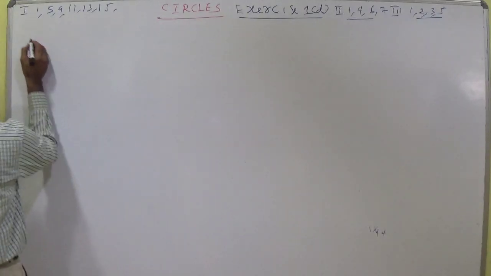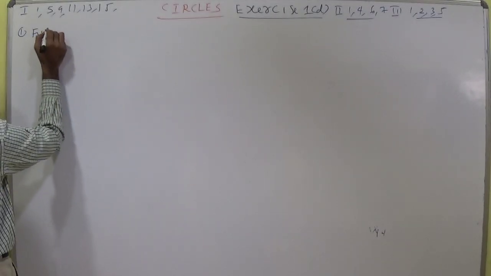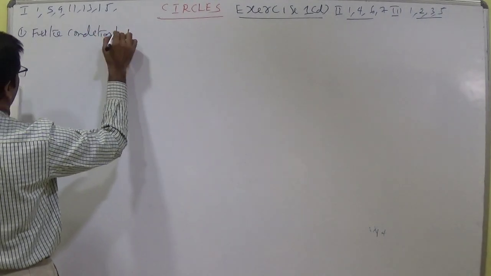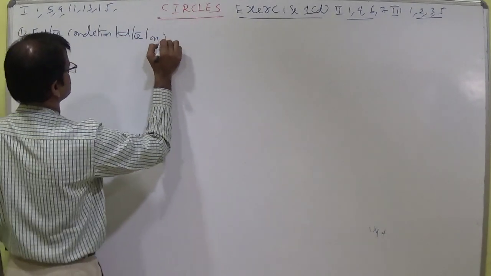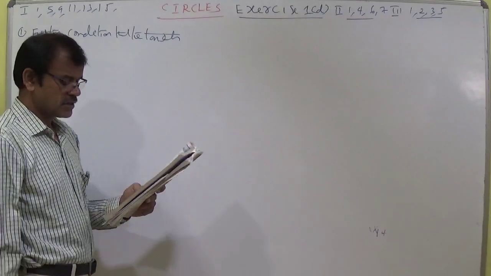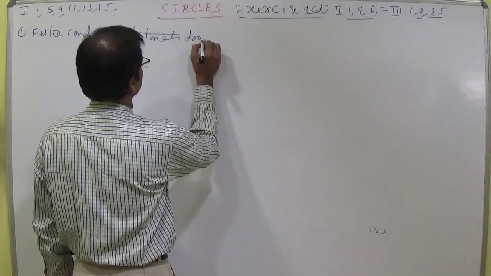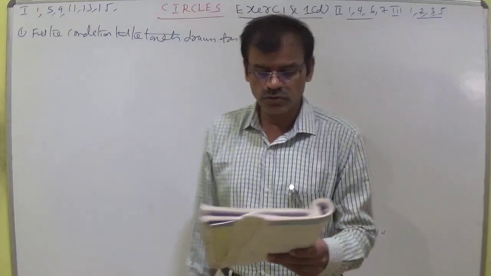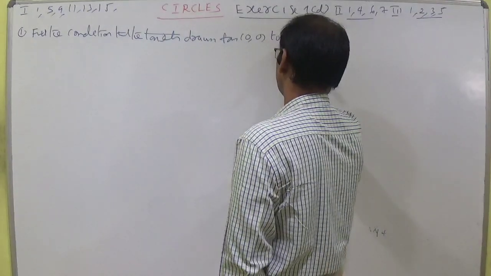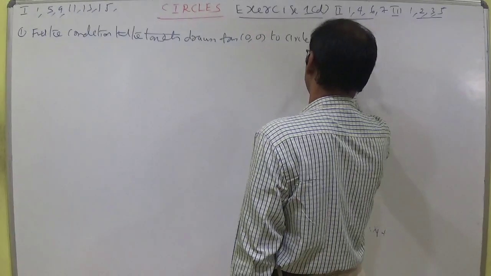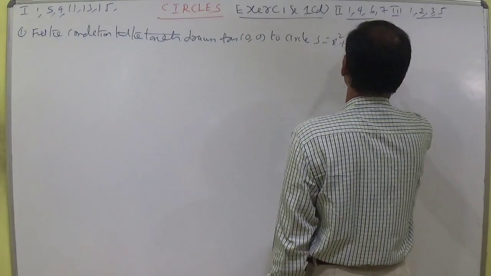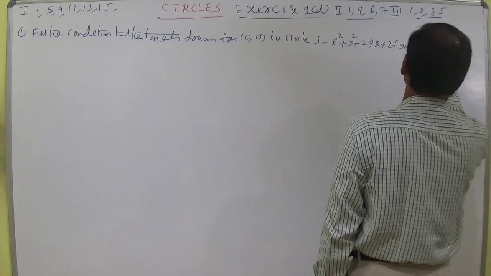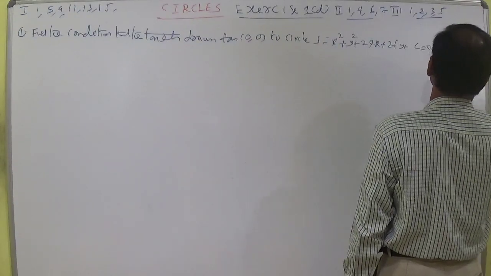Find the condition that the tangents drawn from 0, 0 to the circle S equal to x square plus y square plus 2gx plus 2fy plus c equal to 0 are perpendicular to each other.